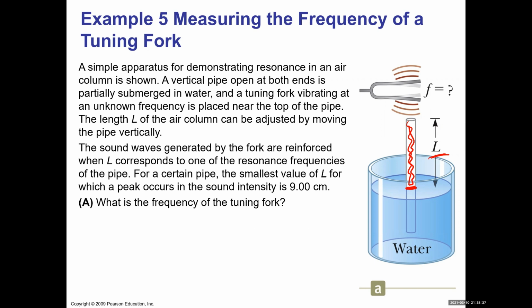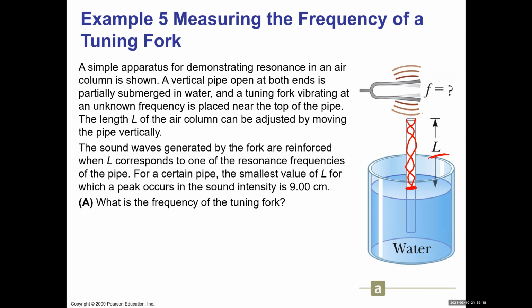If you strike the tuning fork with the mallet and put it next to the open end, the sound travels down, hits the water, and reflects back. If you find the right length, the sound is amplified by the water barrier, because you're generating the correct standing wave, and you get the resonance frequency.